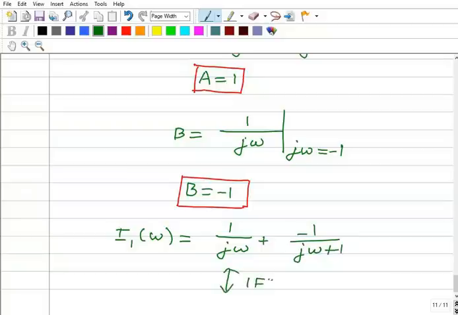Apply inverse Fourier transform. I1 of t is, what is 1 over j omega? Any closer result relationship? No, 1 over j omega. You just see the Fourier transform table.